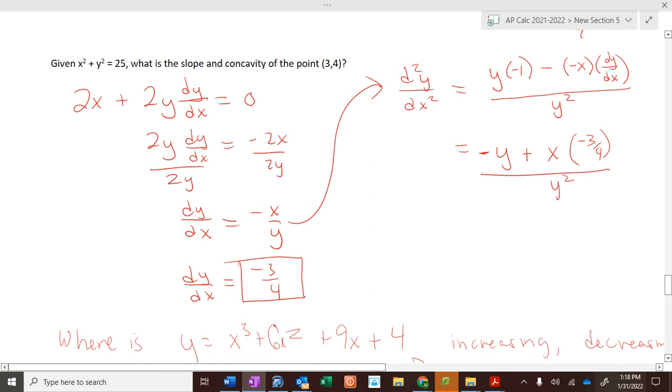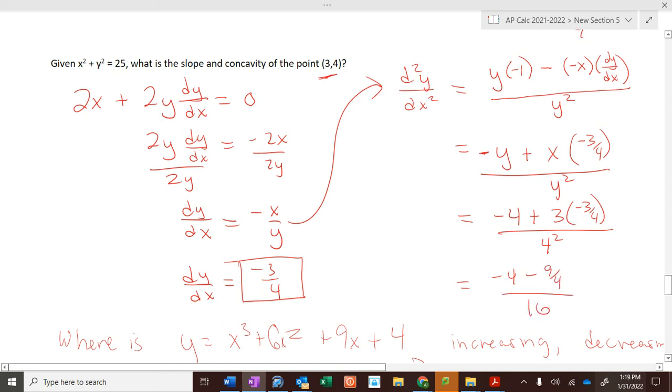Let's substitute everything else in. What goes in for y? 4. So negative 4 plus 3 times negative 3/4, which is positive, over 4 squared, which is 16. So negative 4 minus 9/4 over 16.